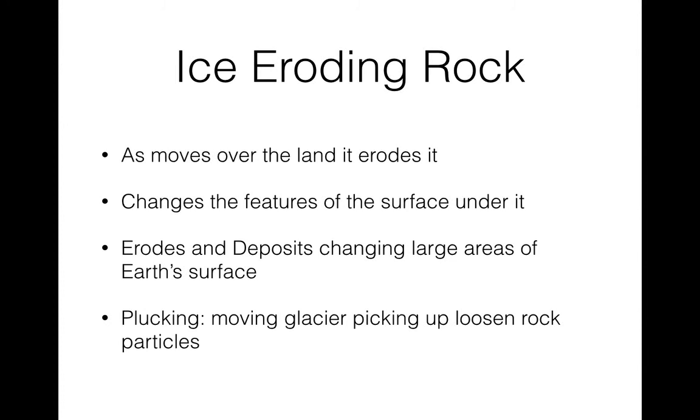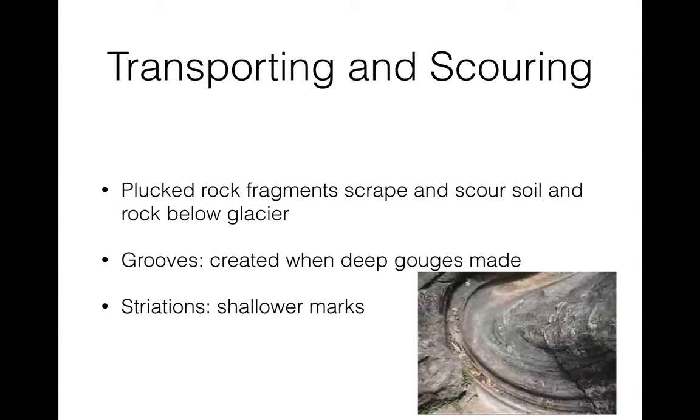Plucking is a phenomenon associated with glaciers, when moving glaciers pick up loosened rock and materials. They pluck them up. And then they transport these plucked up materials, these rocks and fragments, and carry them with them. As they're slowly moving, and all of this is pressed down with lots of pressure, they gouge out and scrape the rock layers below them.